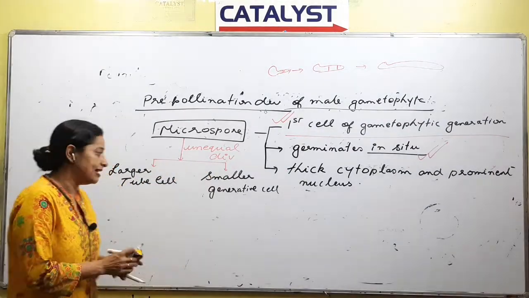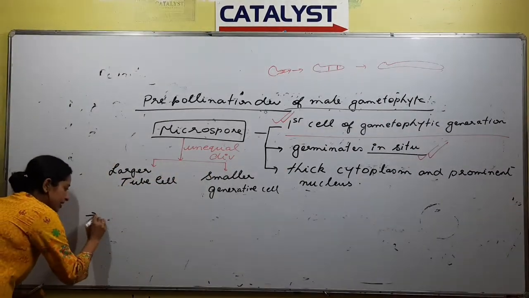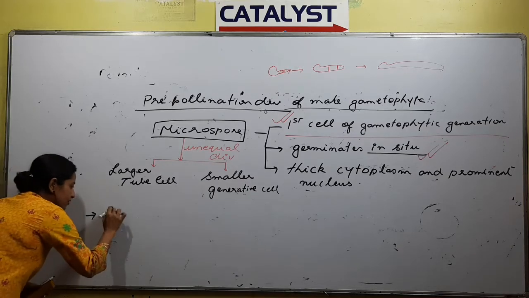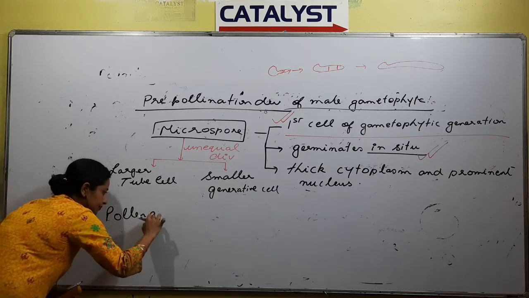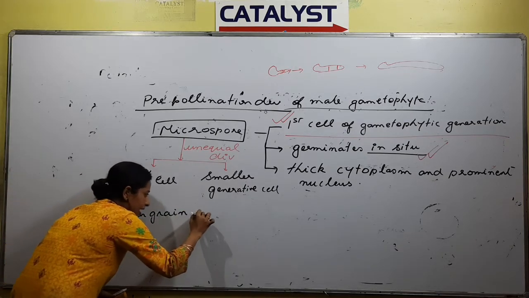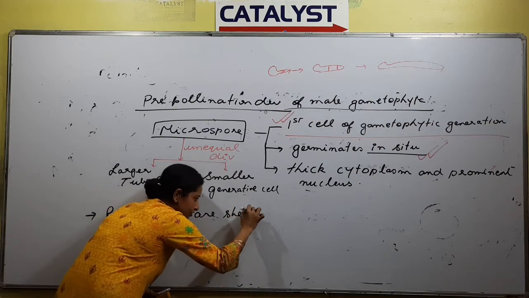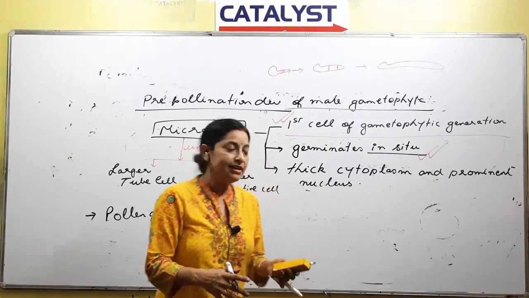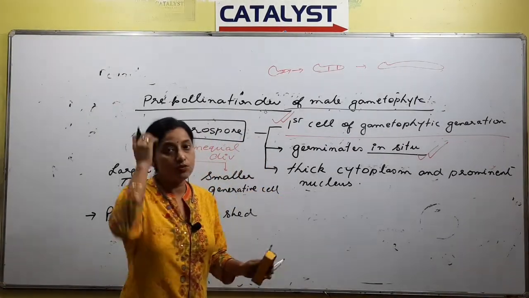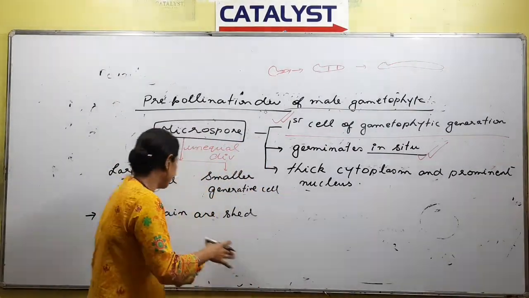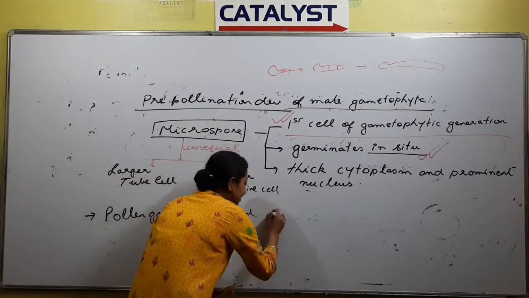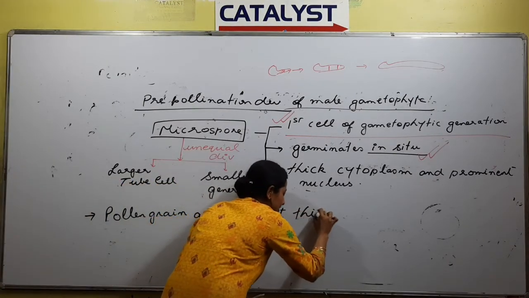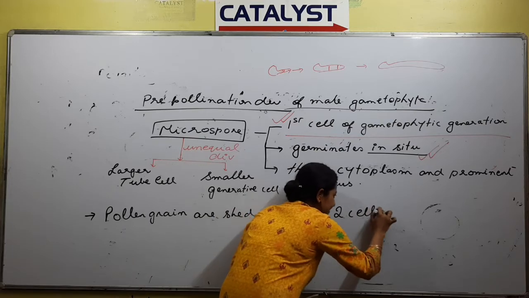Now, the point to be remembered is that pollen grains are shed. After pollen grains are formed, they have to be pollinated, right? So instead of pollination, we are using the word shedding. These pollen grains are shed at the 2-celled stage.